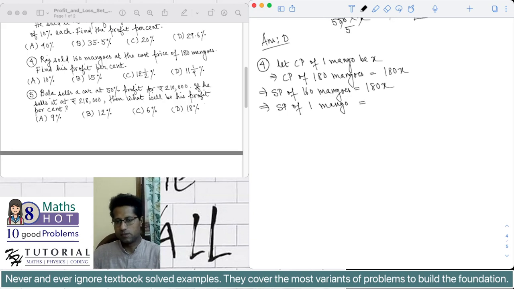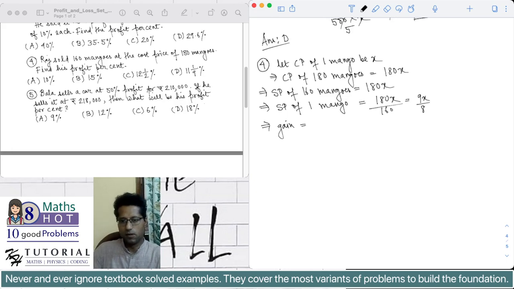So selling price of one mango will be equal to 180x divided by 160. This after simplification is 9x by 8. So selling price of one mango is 9x by 8 and the cost price of one mango is x. So this implies gain, this gain is for one mango.